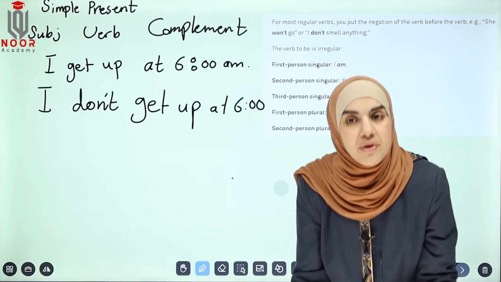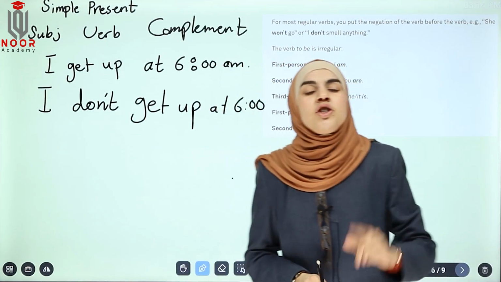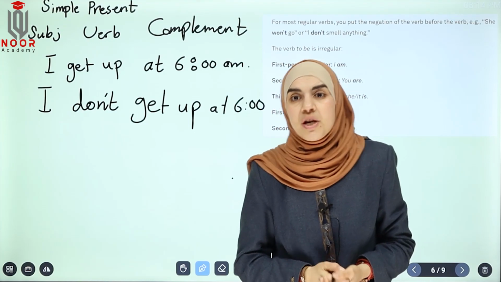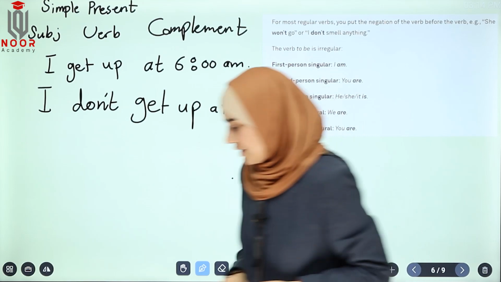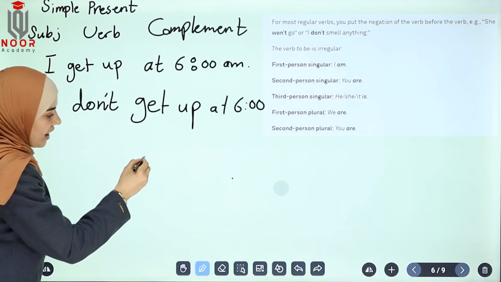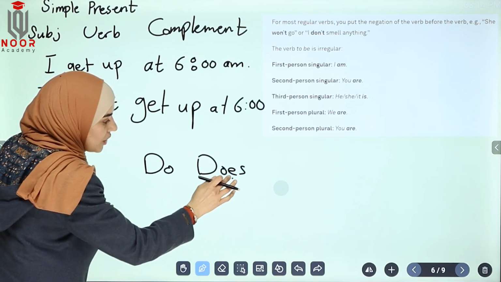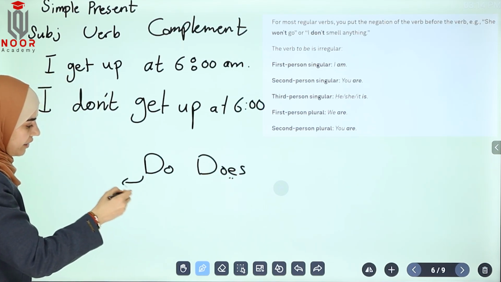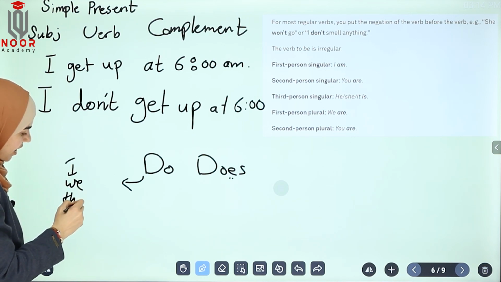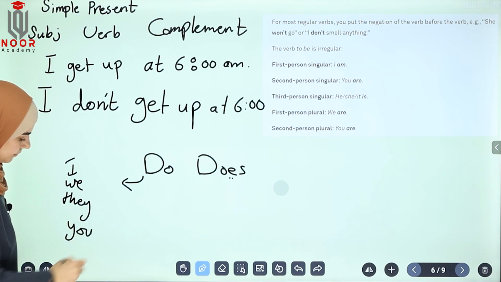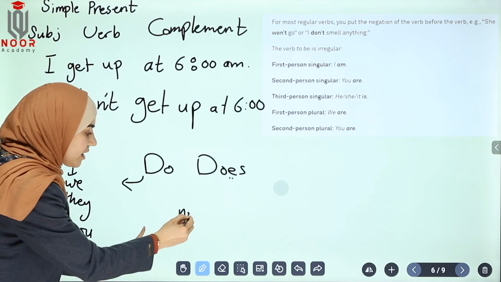How can I make them negative? I should focus on do and does, especially does for singular pronouns and nouns and do with plural nouns. So we have do and does, and we can make it like this: I, we, they, and you. Don't forget to add not in the middle.